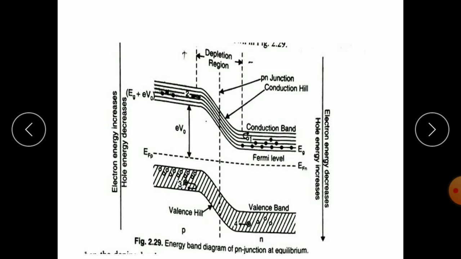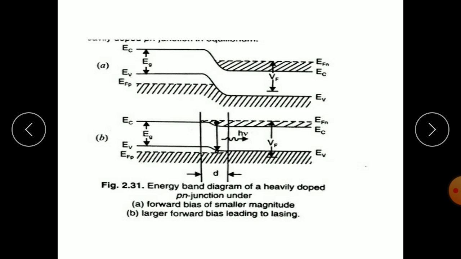Now what will happen if we increase the doping concentration of the p and n type material? At high doping concentration, the Fermi level of the p region goes below the valence band edge.